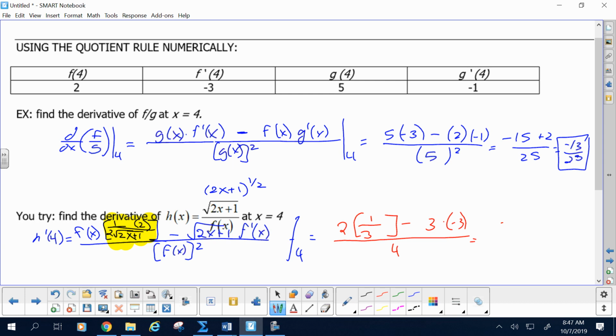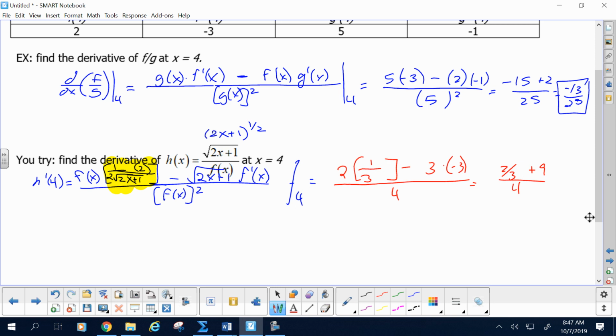So you have something like 2/3 plus 9 over 4. Let's just multiply top and bottom by 3, shall we, to clear the fractions? What do you think? So we get something like 2 plus 27 over 12, or 29 twelfths. All right, can we all follow on that one?